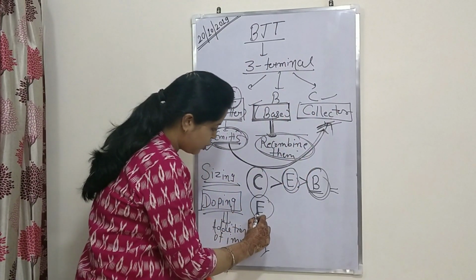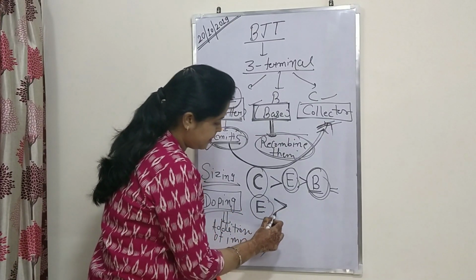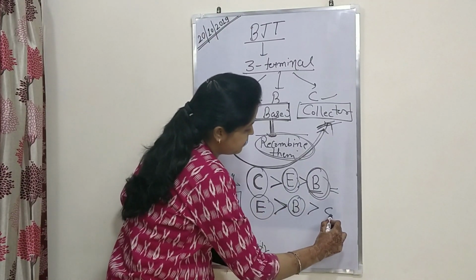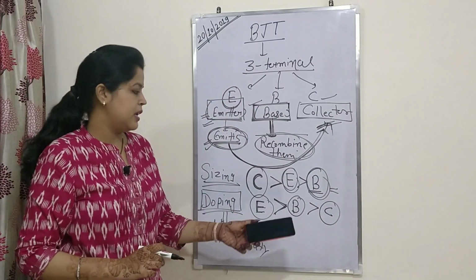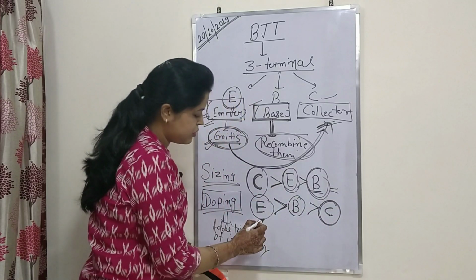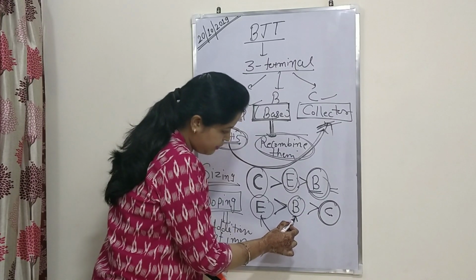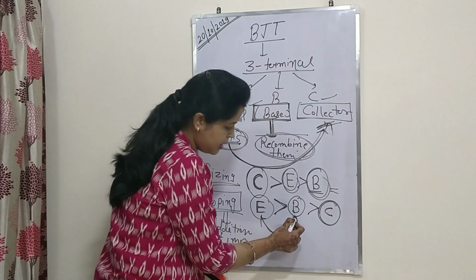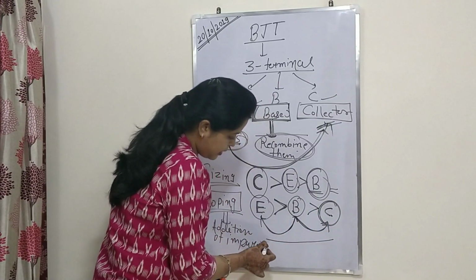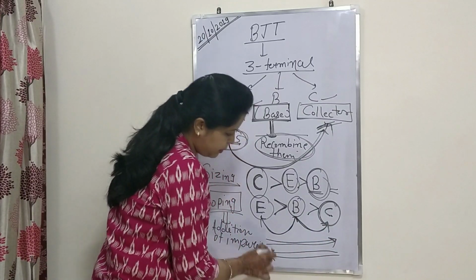So the doping level of emitter is very high, while base is kept at center, and the collector is doped with very low concentration, so that maximum charge comes from here, recombines in very small amount at the base terminal and is collected at the collector terminal, so that a proper conduction of current takes place in a proper direction.